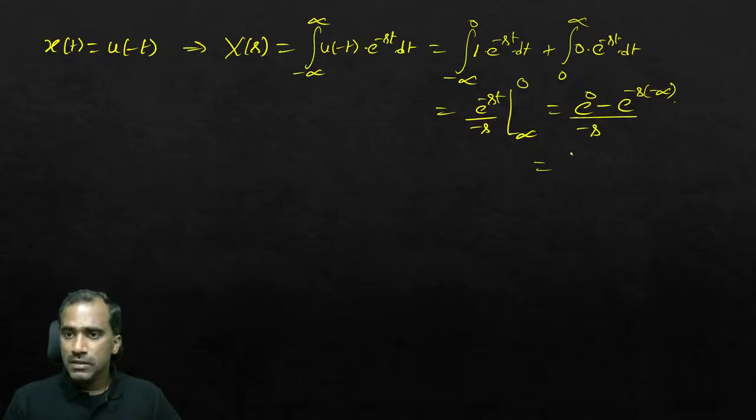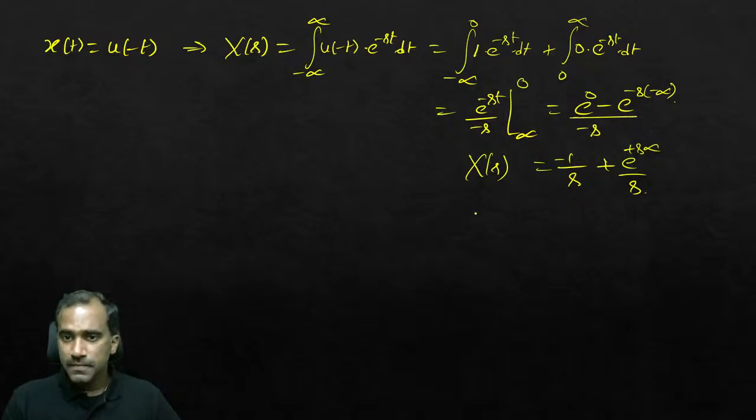So this is 1 divided by minus s, or minus 1 by s, plus e power plus s into infinity, minus into minus is plus, divided by s. So the Laplace transform here for u of minus t is minus 1 by s.